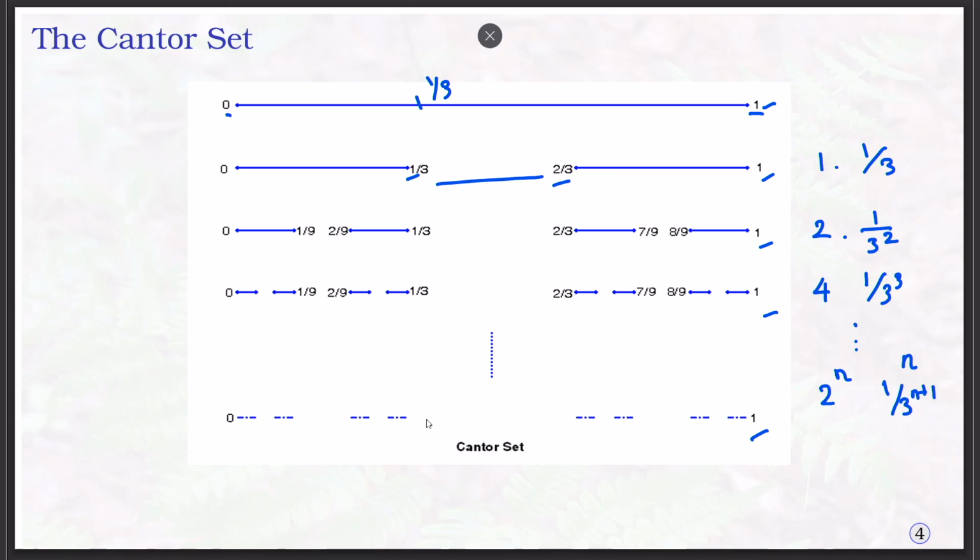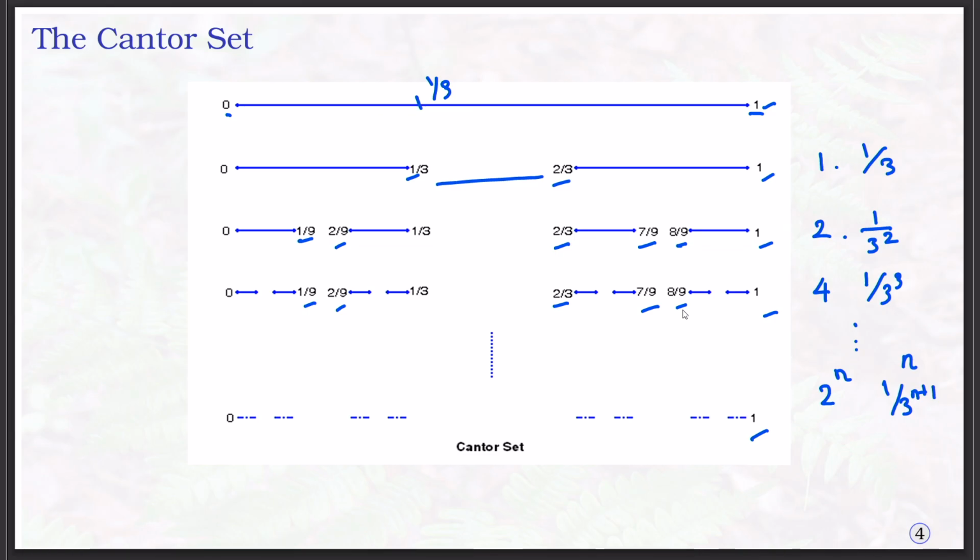And what about the numbers 1 by 3 and 2 by 3, these endpoints? Yes, obviously 1 by 3 belongs to the initiator and all these sets. Therefore, 1 by 3 also belongs to all the iterations, and 2 by 3 belongs to all the iterations. In fact, all the endpoints are members of the Cantor set.